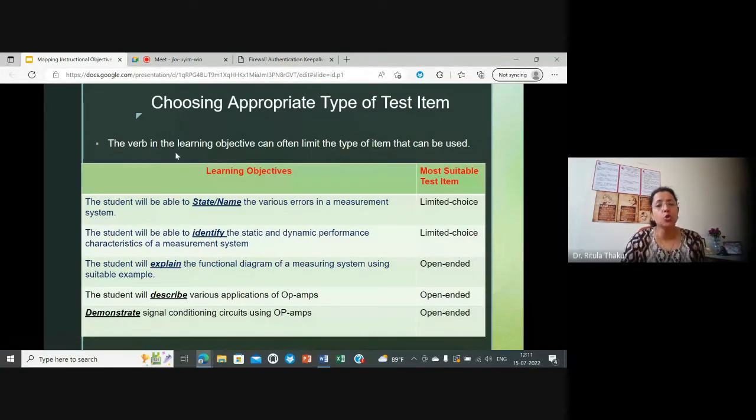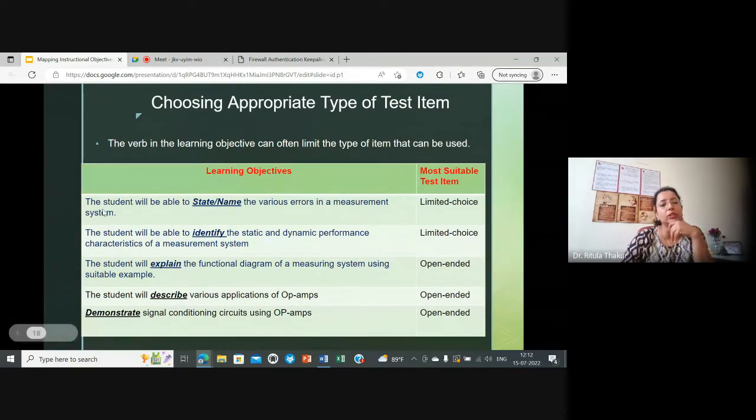Okay, now how to choose the appropriate type of test items. This also we will get to know from our learning outcomes or objectives. So if you remember the subject which I had just taken as an example, now I am taking various learning objectives.